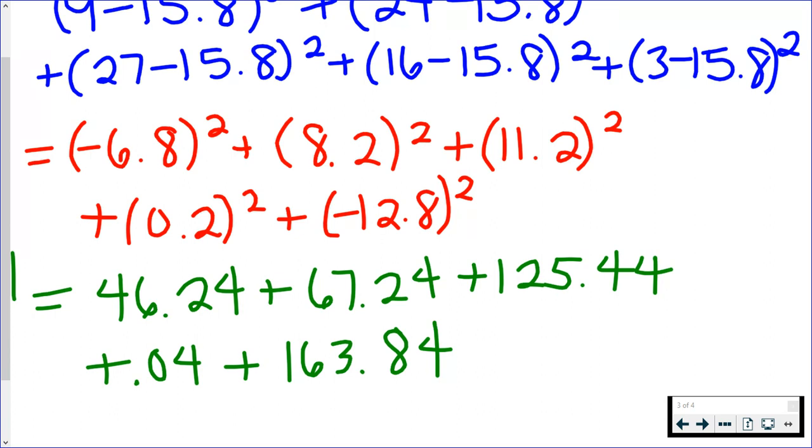So you square all of those values, and then you add them all together. When you add them all together, you should get 402.8. We're almost to the standard deviation, I promise.